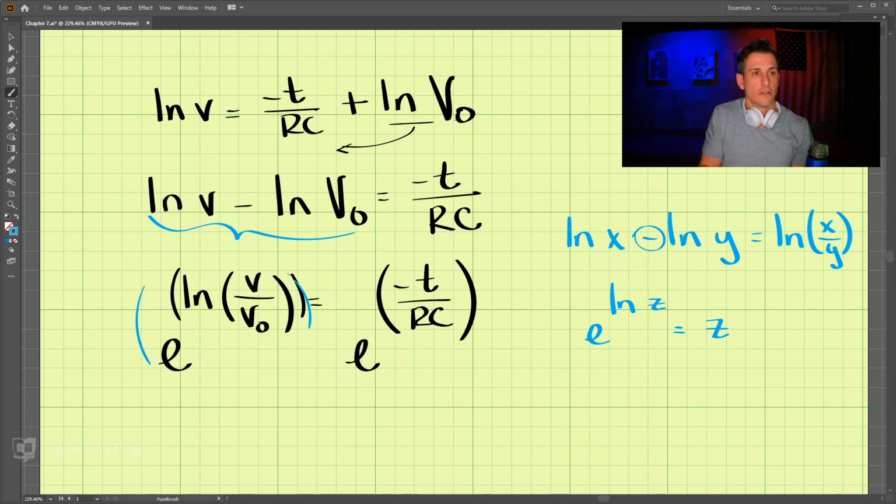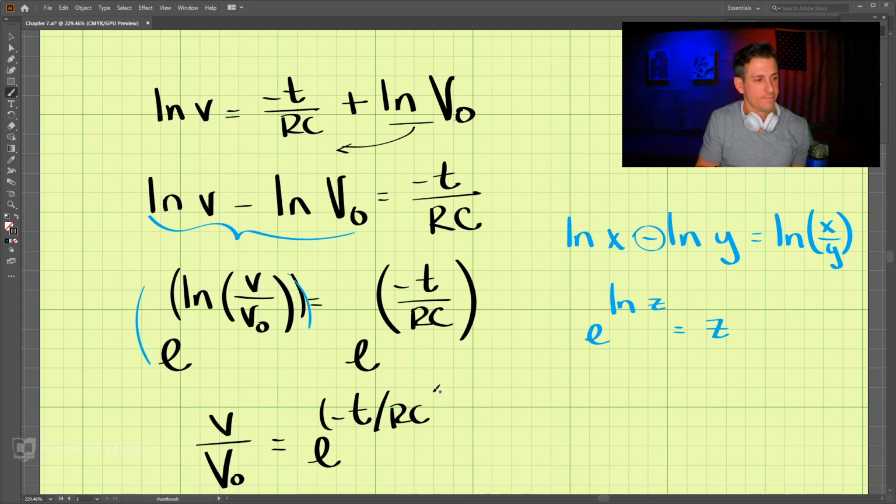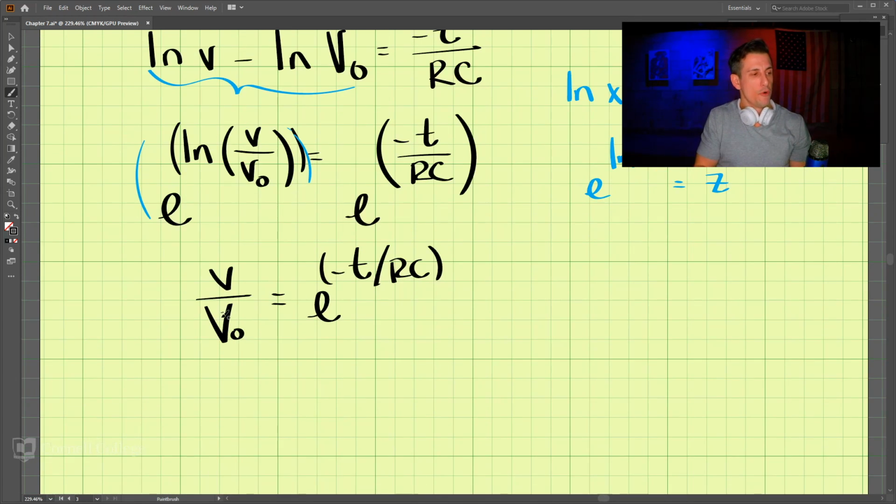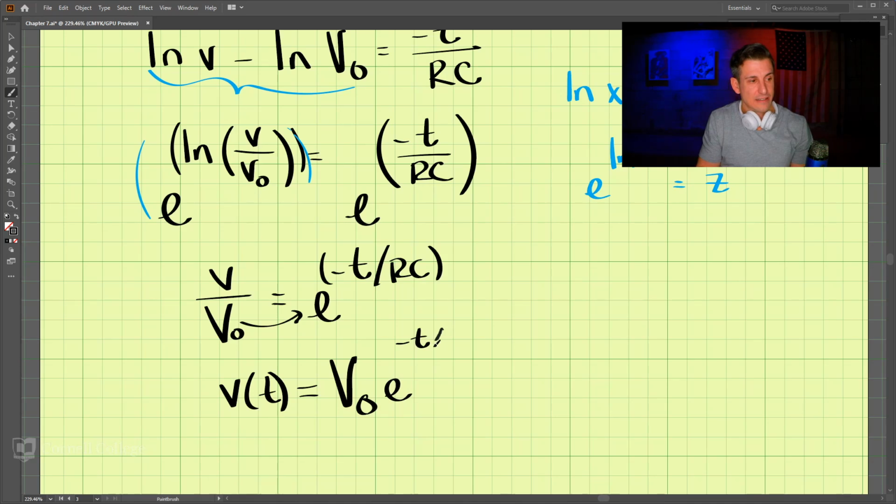So on this side, we get V over V naught is equal to e to the negative t divided by RC. And lastly, we'll move V naught to the other side. So the voltage at a specific time is equal to V naught, the original voltage, times e to the negative t divided by RC.